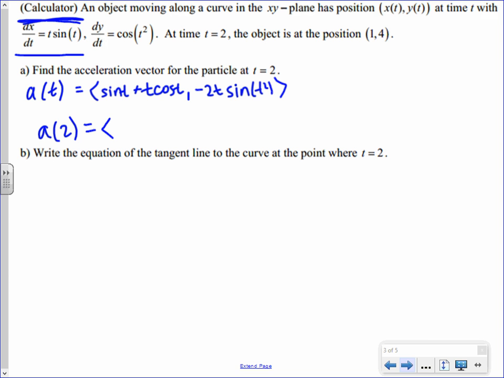Technically, no. So make sure you are in radian mode, and I need the acceleration vector at 2. Okay, horizontal component. Vertical.